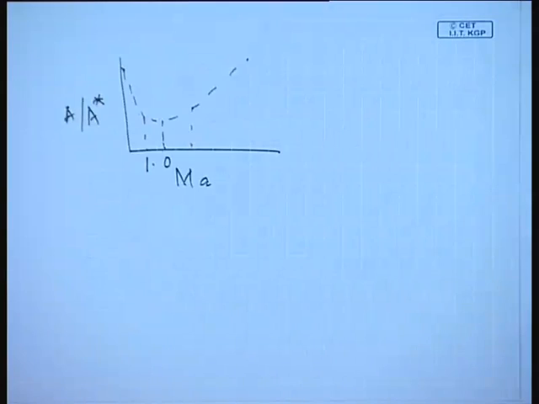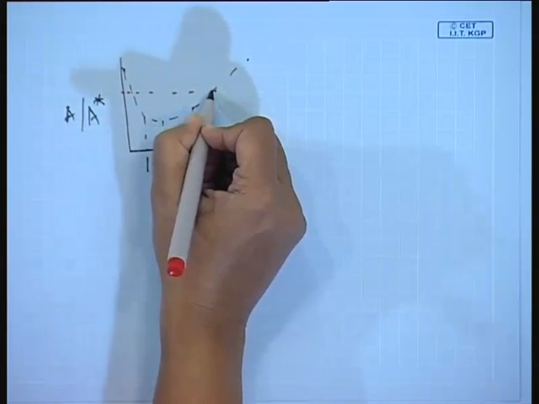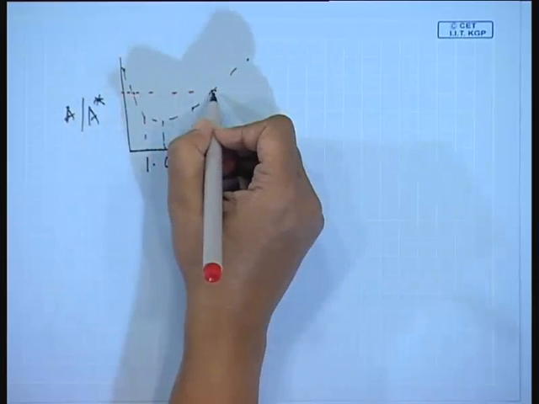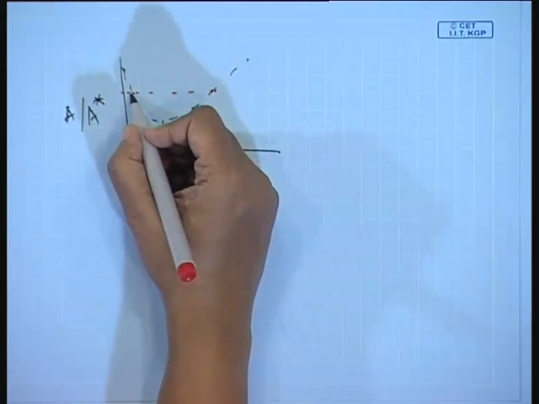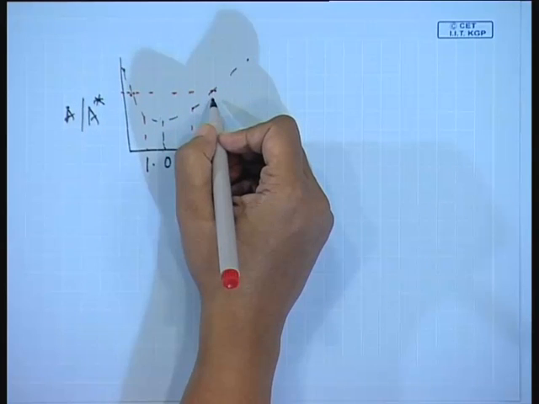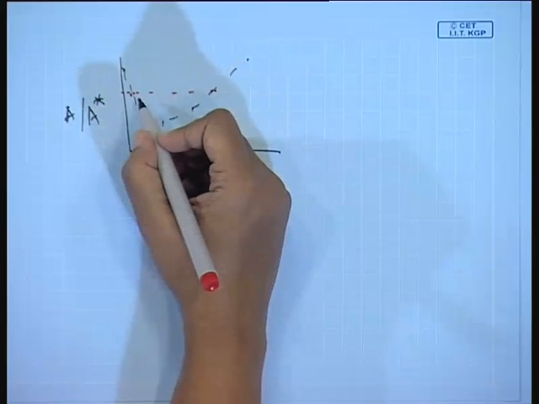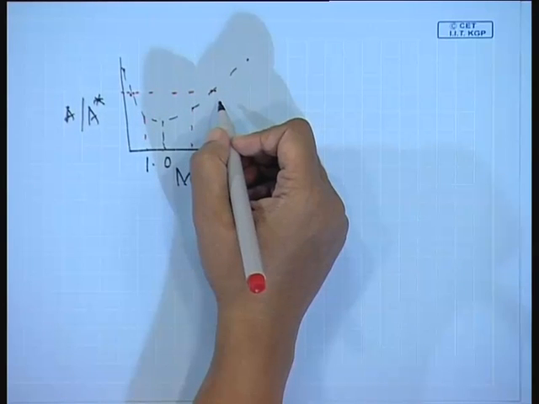But corresponding to any A by A star, we get two values of Mach number. One is less than 1 and one is greater than 1, taking into account the existence of subsonic nozzles and supersonic nozzles.